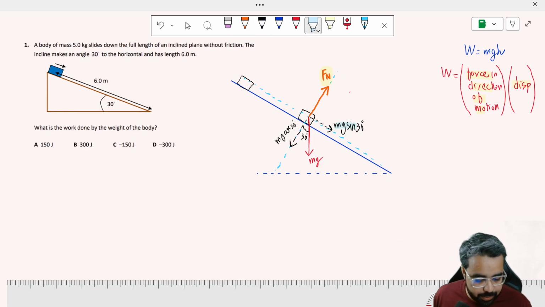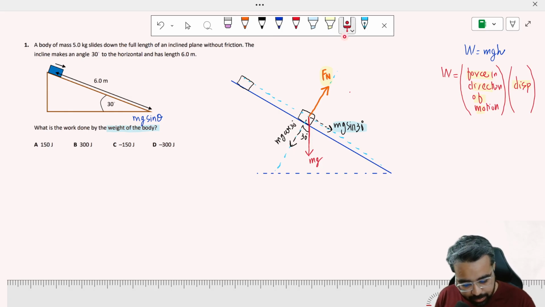Dear students, this mg sin 30 is the key force which is doing work. When they say the work done by the weight of the body, that doesn't mean the work done by mg. It is mg sin theta that is doing work, because this is a force that is exactly in the direction of motion.